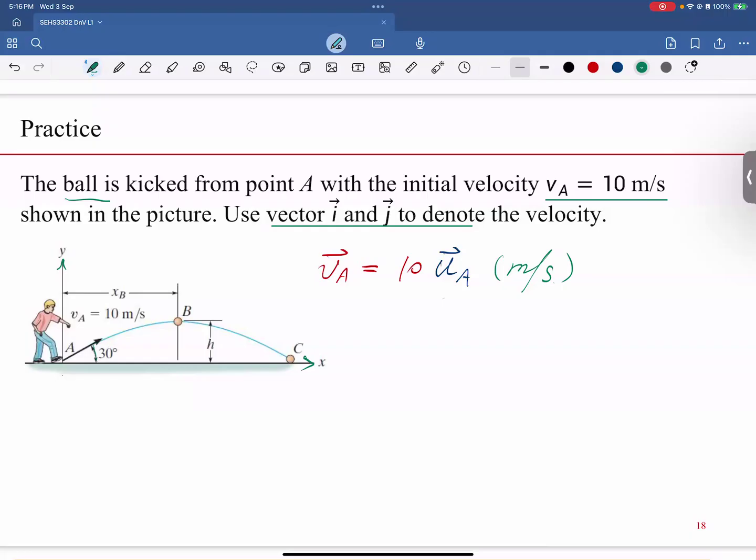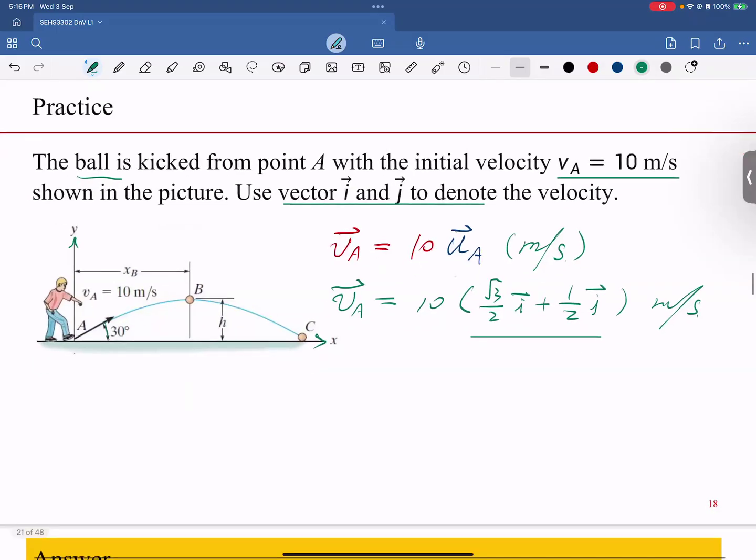Actually, as I have repeated a lot of times, for me it's not hard because we just write VA is 10 times root 3 over 2 i plus 1 over 2 j meters per second. I can just write it unconsciously. But I will tell you the process, how to get this number, and why we have such a combination.